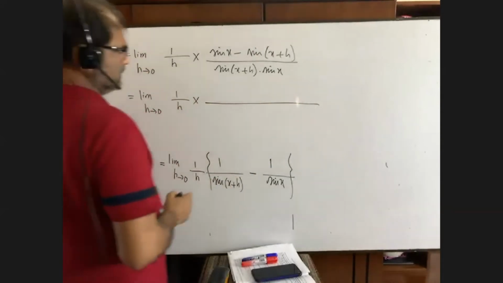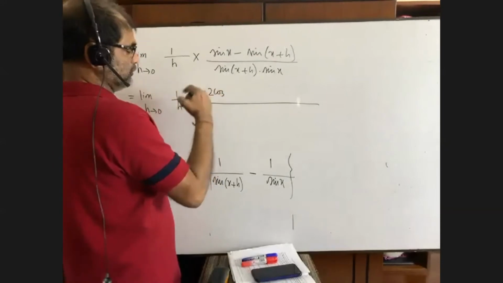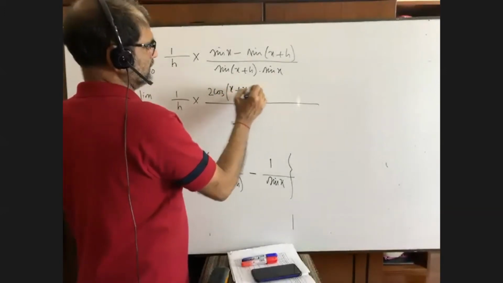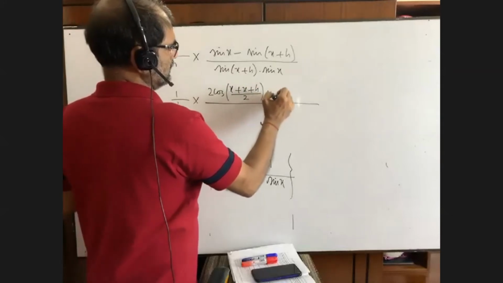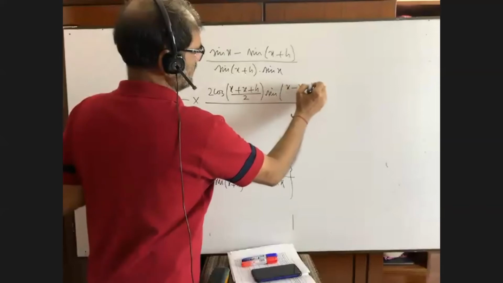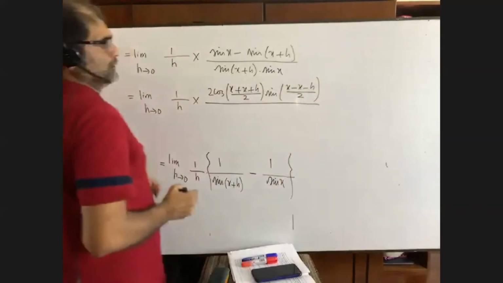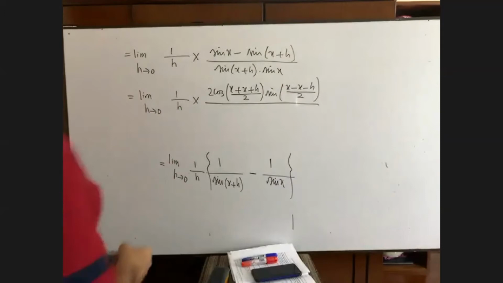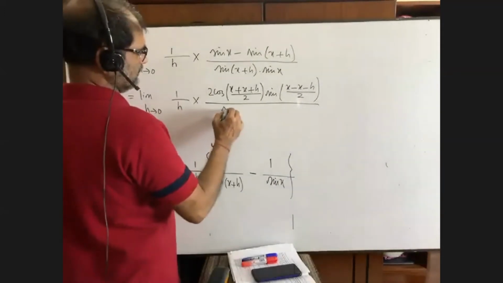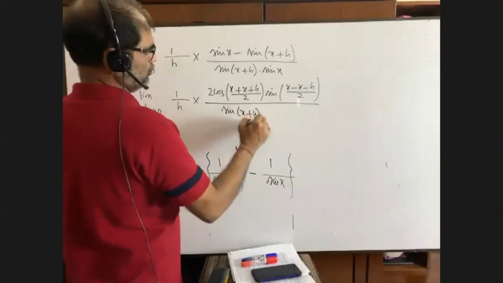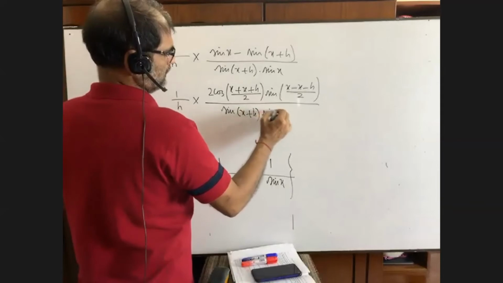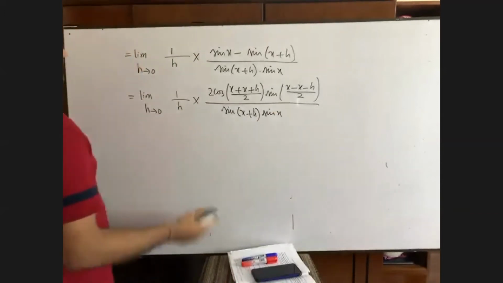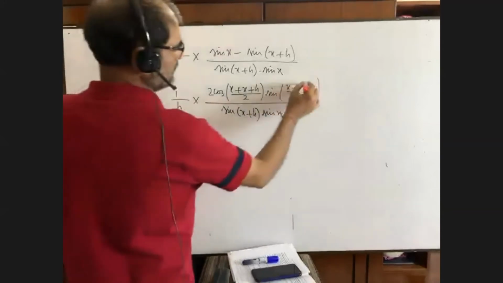Sine C minus sine D equals 2 cosine((C+D)/2) sine((C-D)/2). The denominator can be kept as it is, no functioning over there, because we cannot put it into any formula. Minus minus will be omitted.